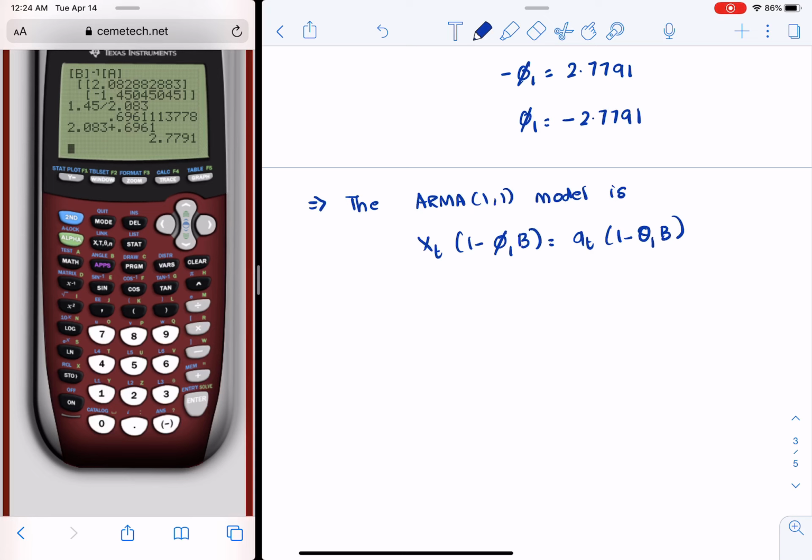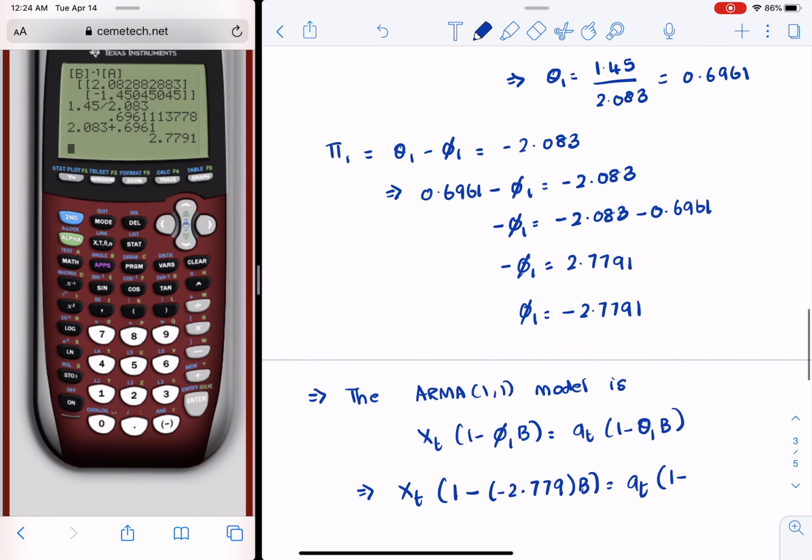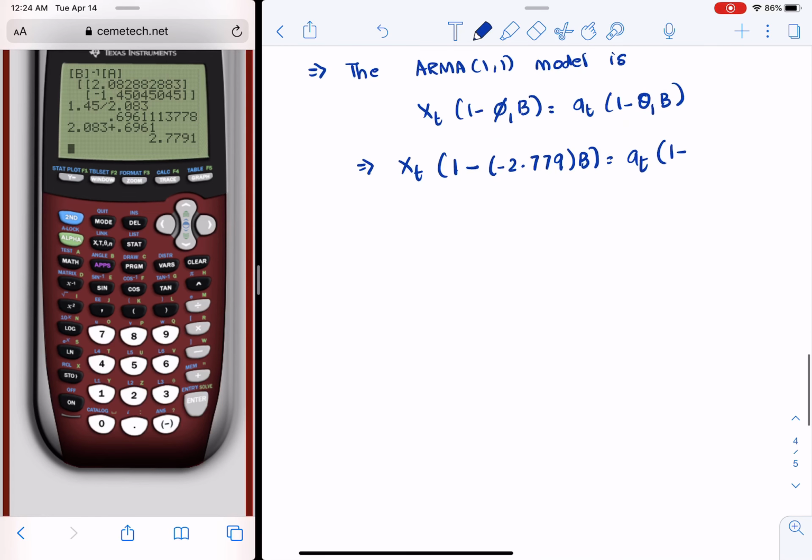We found the values of phi 1 and theta 1, so we have 1 minus of minus 2.779 times b equals at times 1 minus 0.6961b.